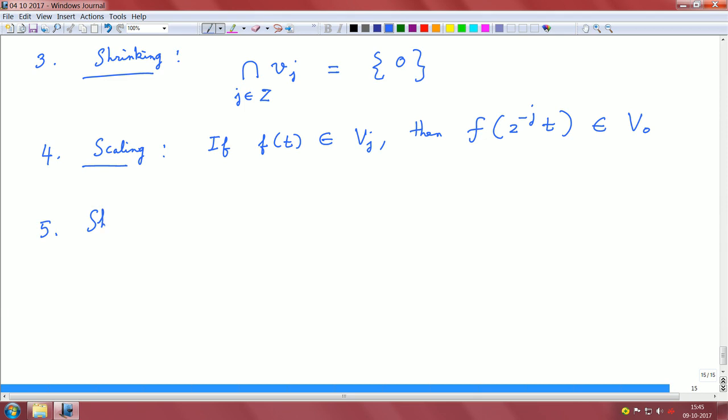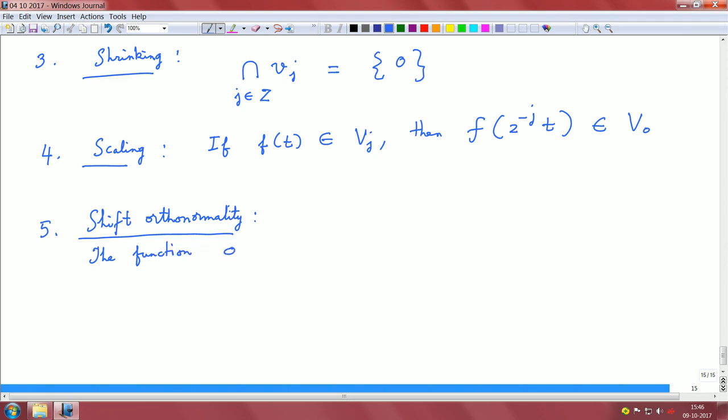Then there is something called shift orthonormality. What it means is as follows.